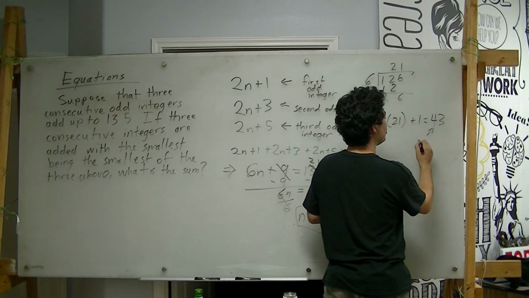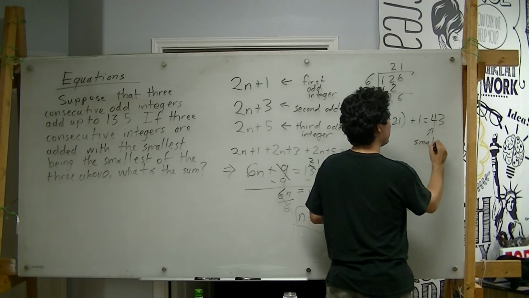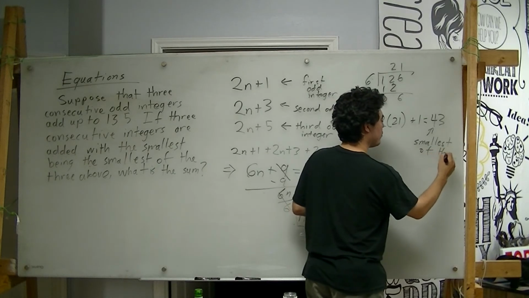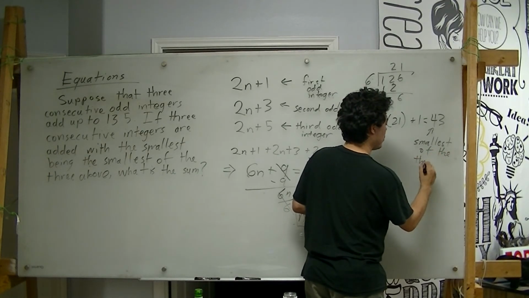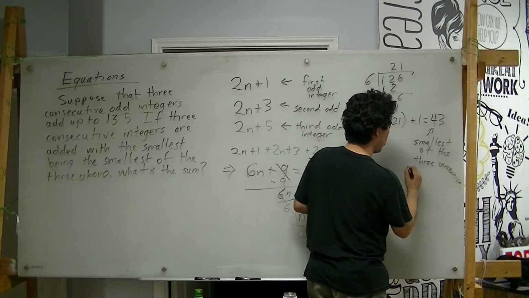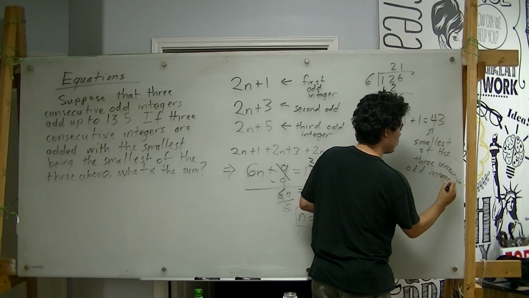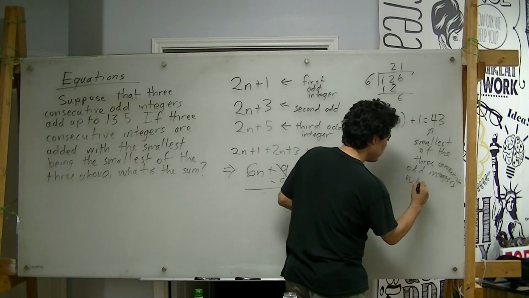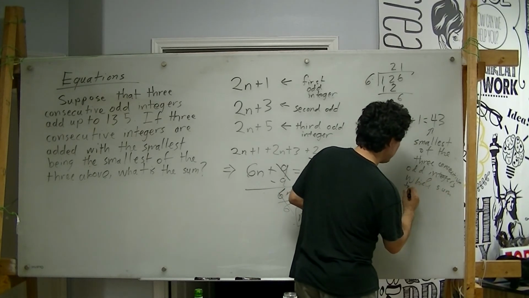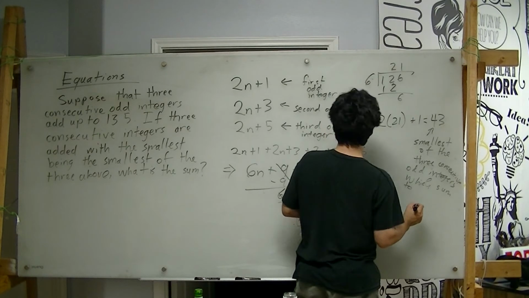This then is the smallest of the three consecutive odd integers which sum to 135.